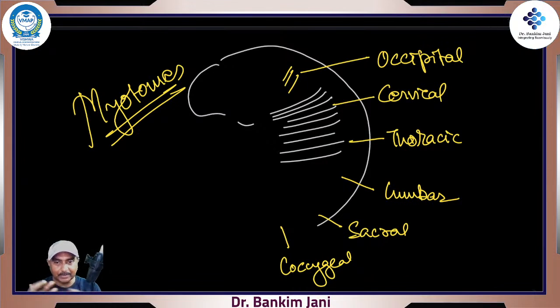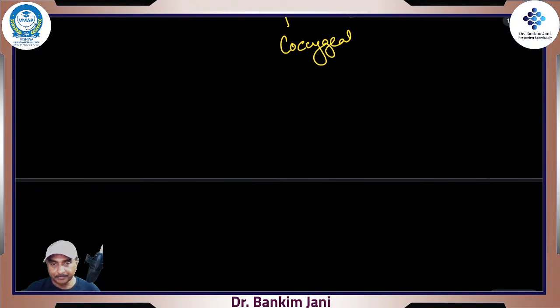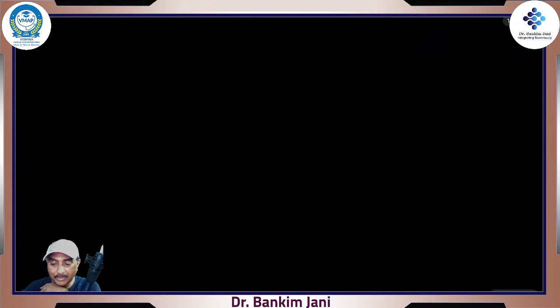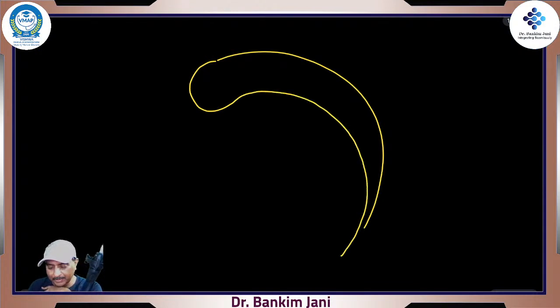So now it is forming that shape. We talked about the nerves, we talked about the neural tube. Now we are drawing only the neural tube, right? So this is the neural tube. Initially we said that if we look from the side, that neural tube is slightly expanded at the cranial end and then it goes like this.